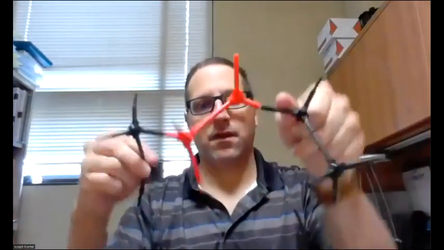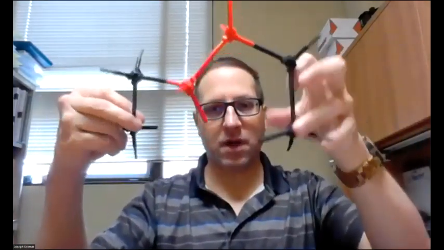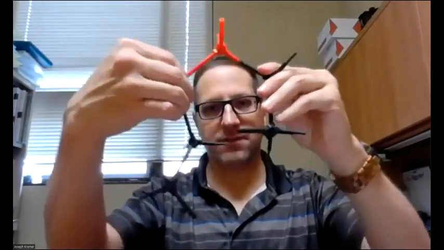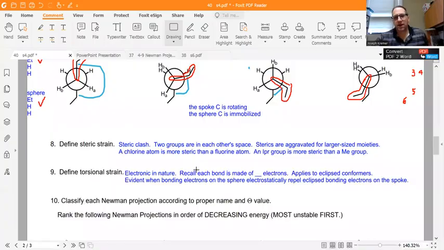Sterics, crowding. Can carbon 1 reach carbon 6? Oh, yeah. Do it like this. And clank away. That's sterics. Sterics are aggravated for larger size moieties or groups.